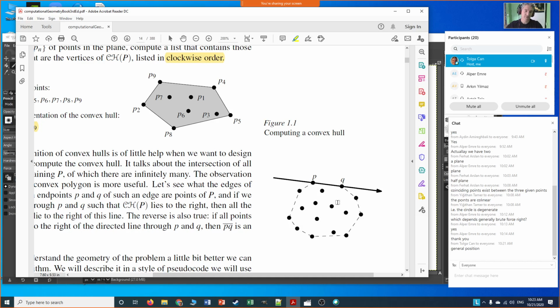Say all the points have to lie strictly to the right hand side of the edge for it to be a convex hull edge.